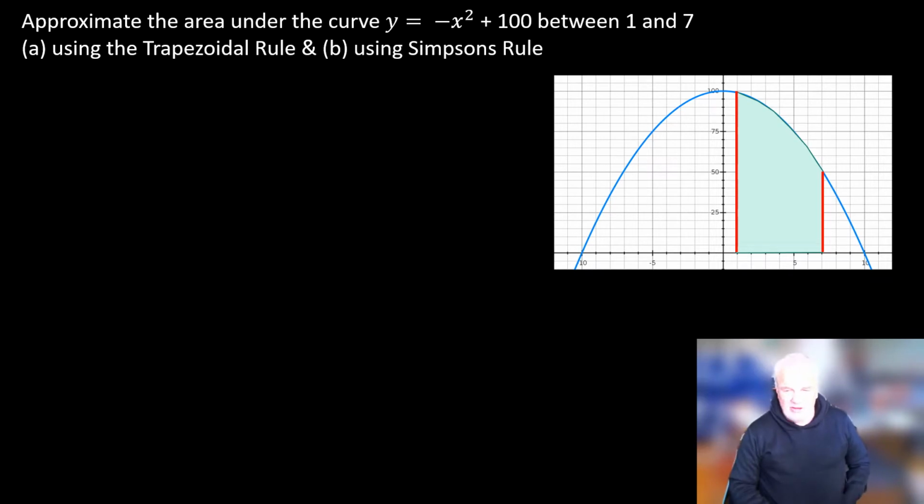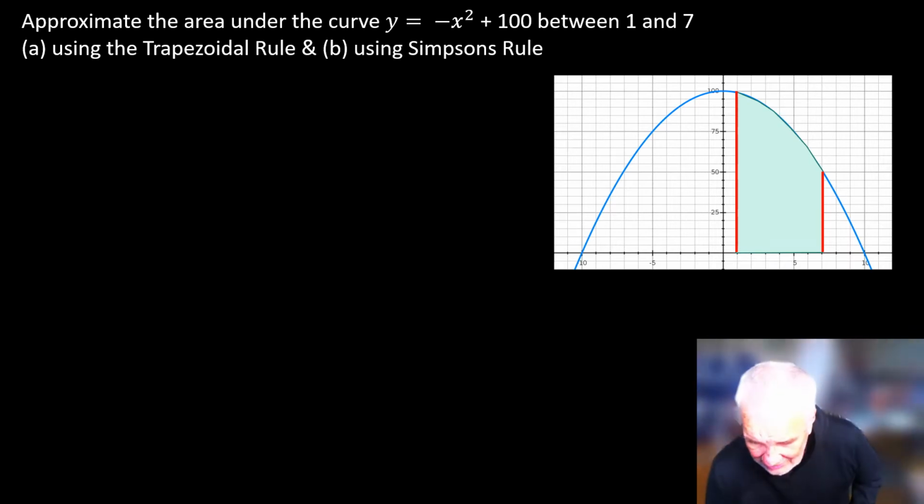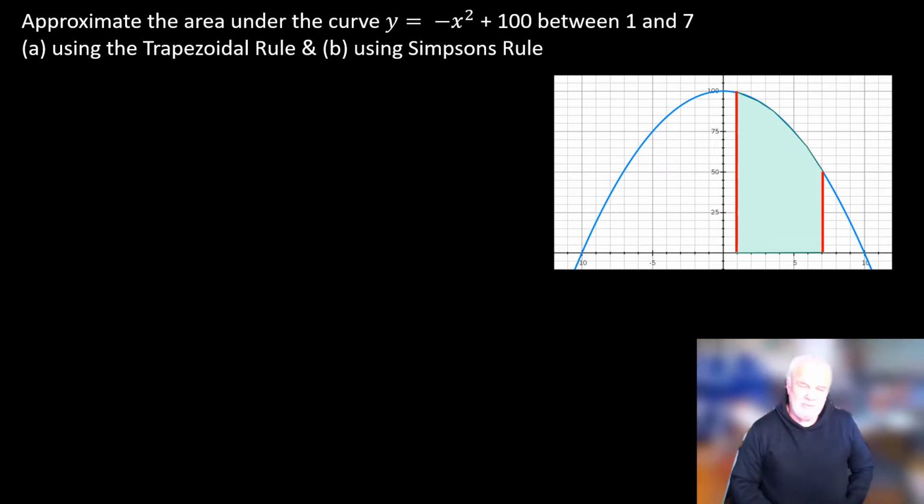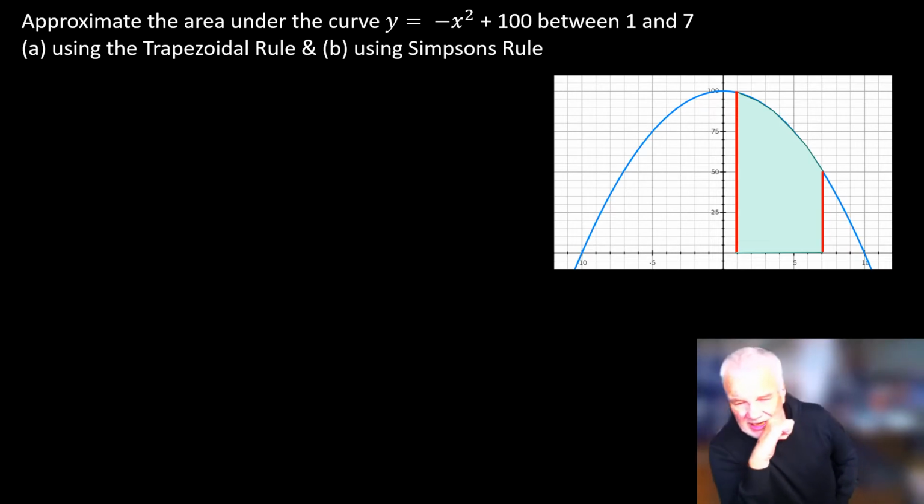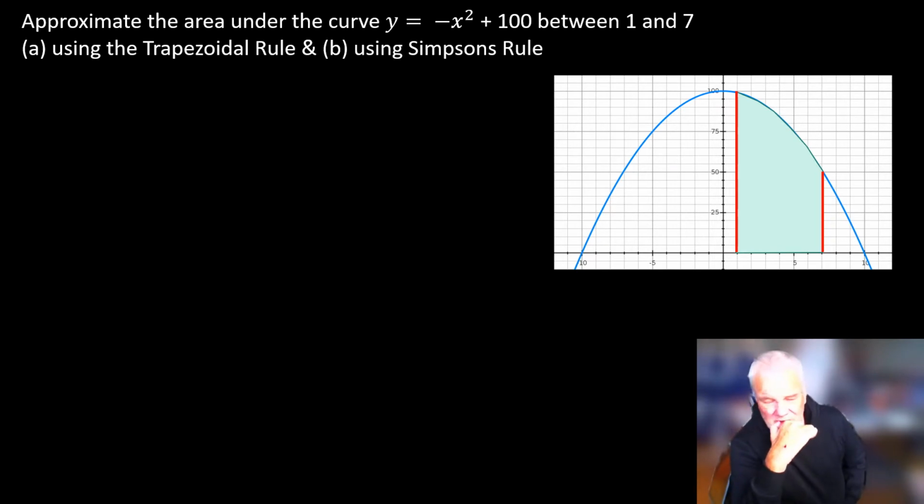Now the 100, we know that the intercepts will be negative 10 and 10, because if we put negative x squared plus 100 equal to 0, then x squared equals 100, and x equals plus or minus 10, which gives us the two intercepts. And of course, the 100 tells us the y-intercept as well. So yeah, pretty easy to draw the graph.